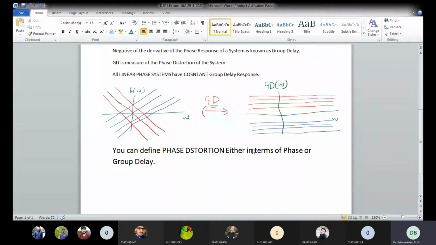We say that we are happy, we have no phase distortion. And if the group delay is not a constant, it means that we have a phase distortion. So let's together define this.